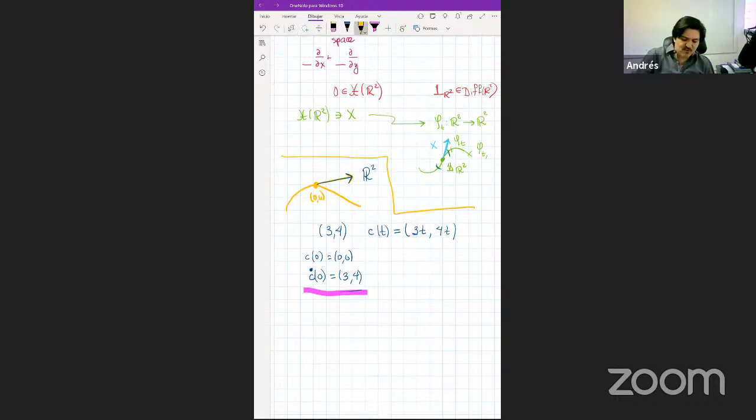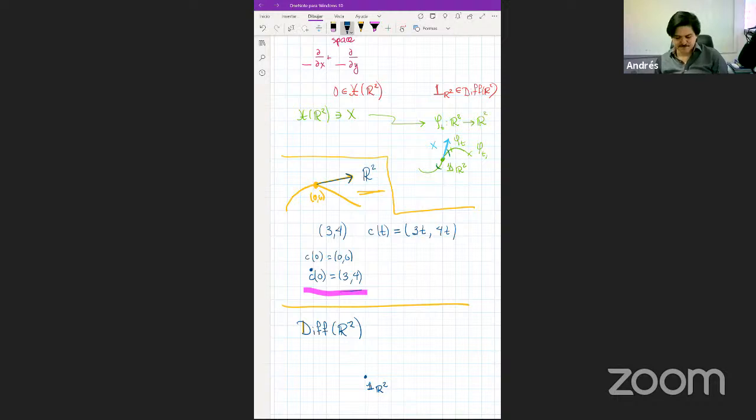So this was the problem on R2. Now, same problem, but now here. Because it is a group, there's a distinguished element, which is the identity diffeomorphism.